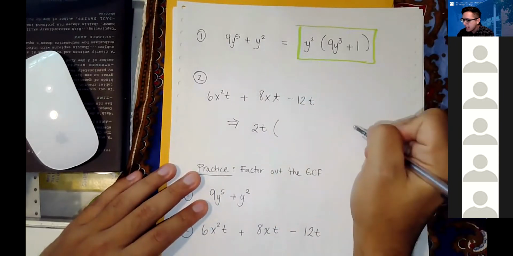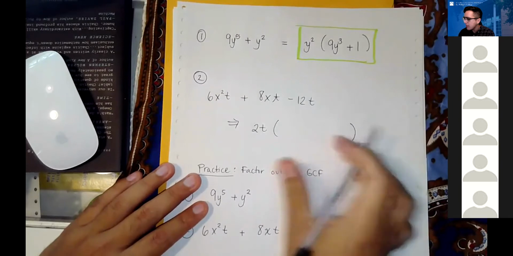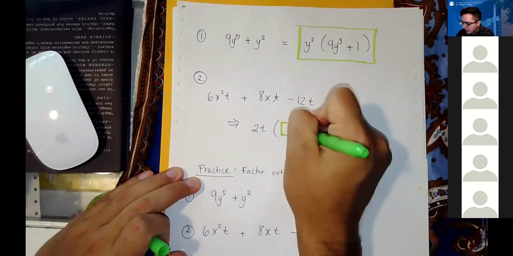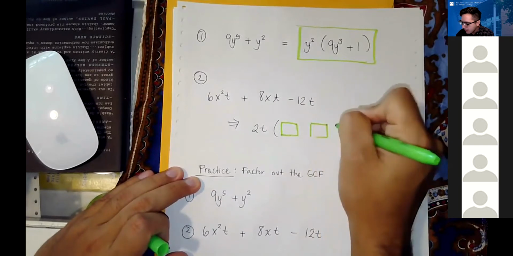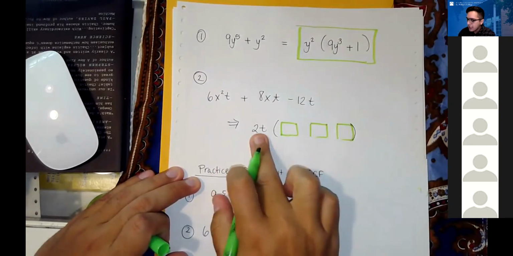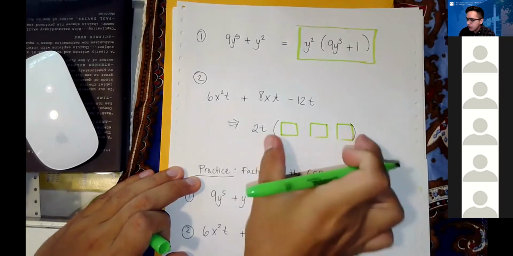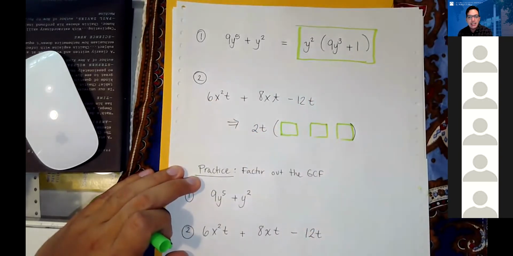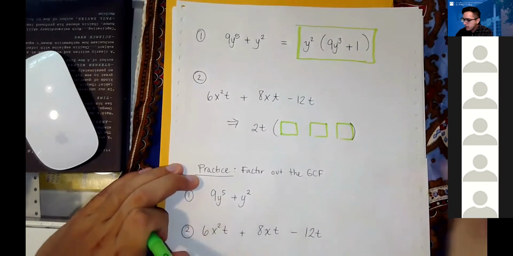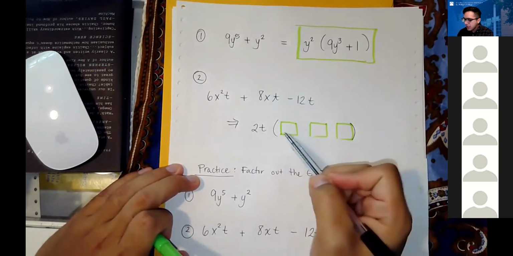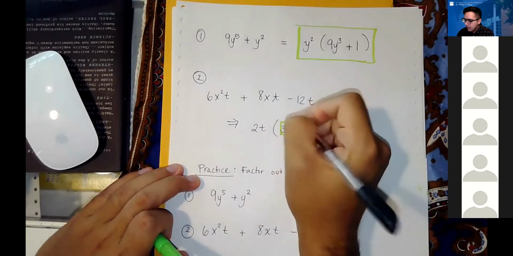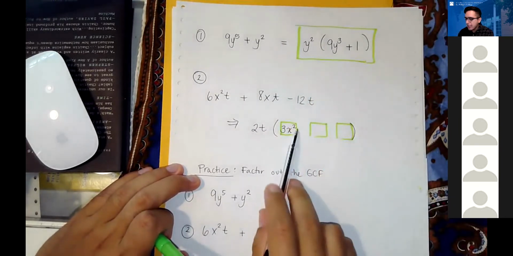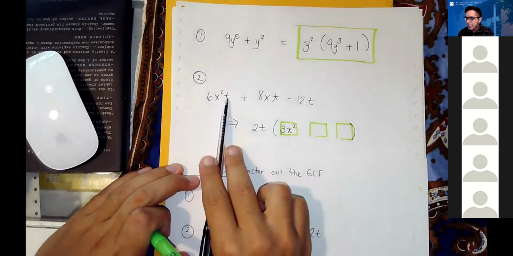So then I'll open up my parentheses, and I'm thinking about this like there are three things that I need to put in here so that when I multiply 2t times this set of terms in the parentheses, I'll get the three terms that I had back. Okay. So in that case, 2t times 3, I need an x squared in order to get 6x squared t back.